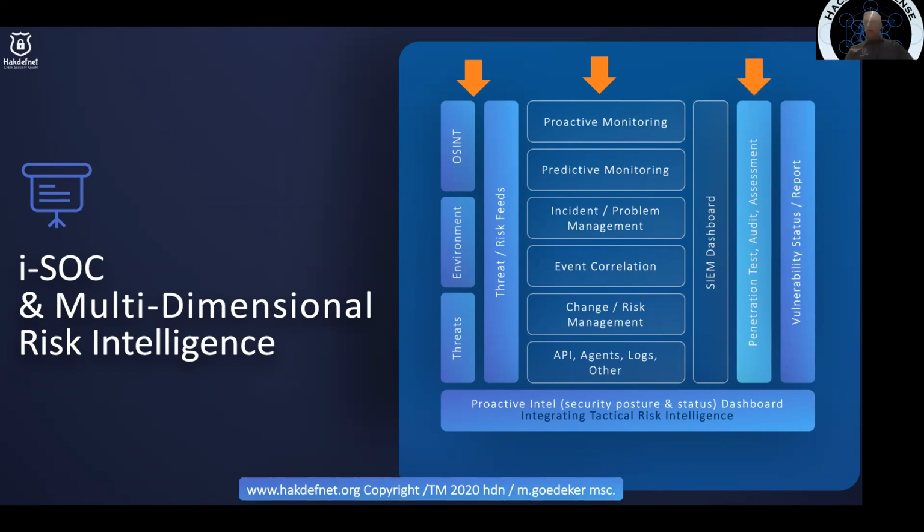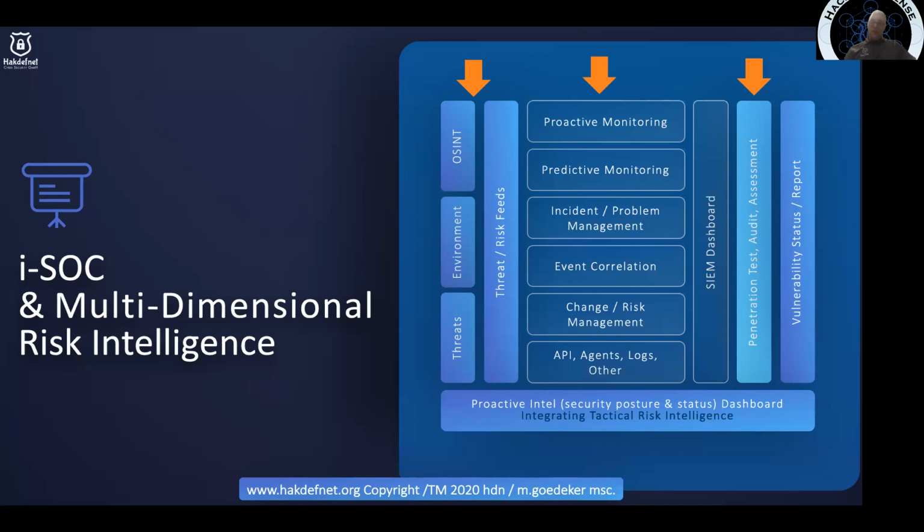So after that second piece, we started to focus on the third piece, which was our SIEM dashboards, which pulled in information about penetration tests, audits, and assessments that we did, either on the fly or once a year. Then started to integrate things like vulnerability status of various different IT assets, and then started to report that information back into the organization.